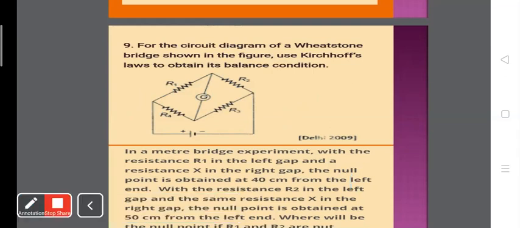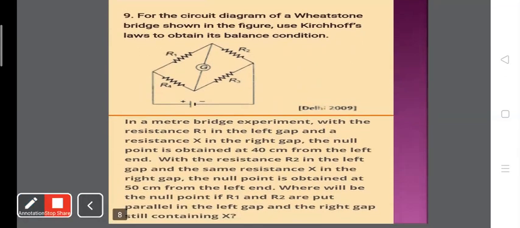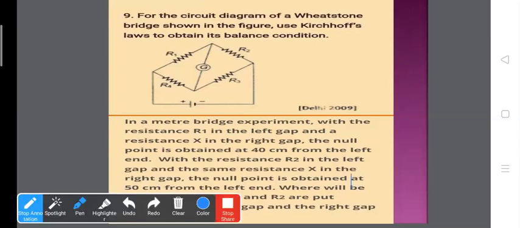Next is: in a meter bridge experiment with the resistance R1 in the left gap and resistance X in the right gap. Clear? So first write the left gap resistance and right gap resistance.